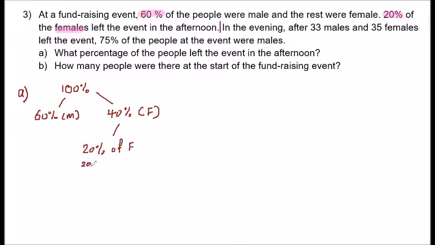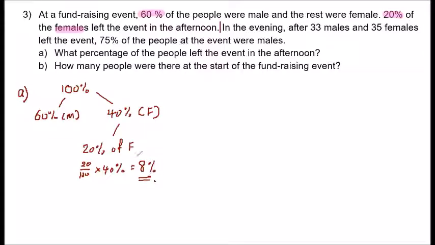So that will be 20% of the 40%. That will give us 8%. So what percentage of people left the event in the afternoon? The answer has to be 8%.